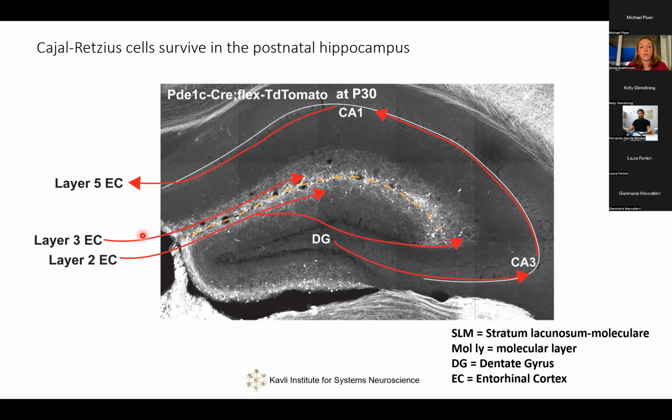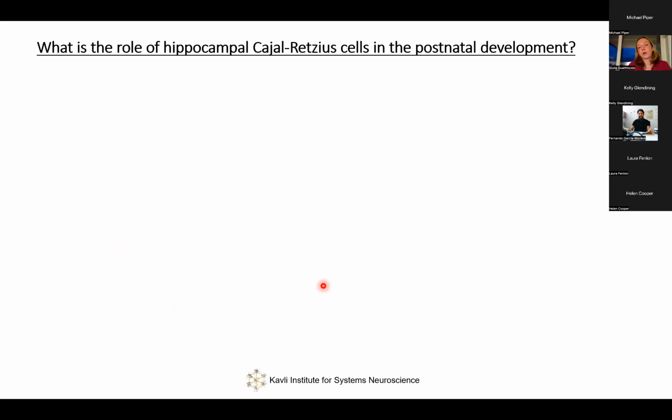If we in fact look at where the inputs of the entorhinal cortex arrive in the hippocampus, we have layer 3 cells projecting to the SLM region, layers of the CA regions, and layer 2 projecting to the molecular layer of the dentate gyrus. So understanding what Cajal-Retzius cells are doing in postnatal development has been something that has driven me for quite a few years at this point.